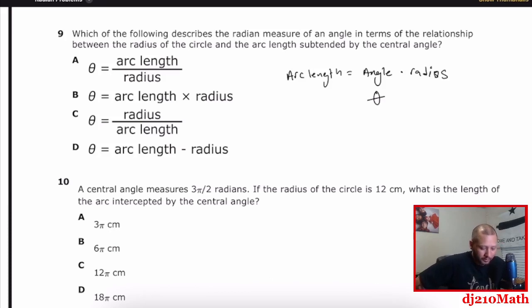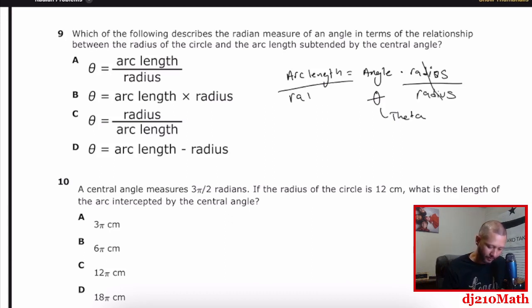In geometry, the Greek letter theta is the Greek letter that is reserved for specifically an unknown angle. So solving for theta, we divide both sides by the radius. So the angle is equal to arc length divided by the radius, which is A. Theta is equal to the arc length divided by the radius.